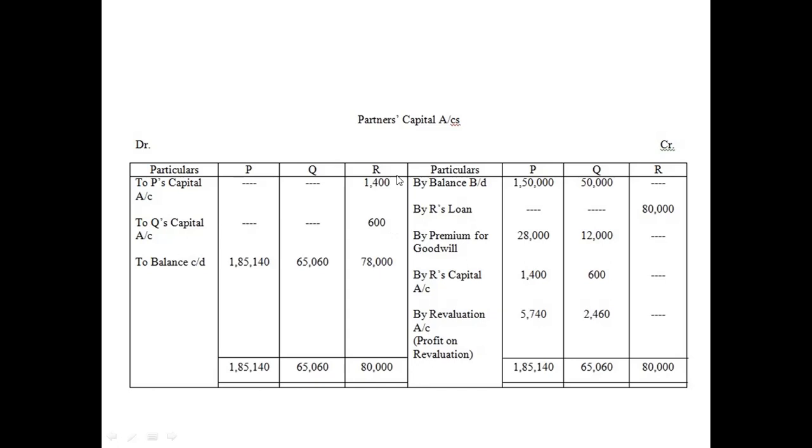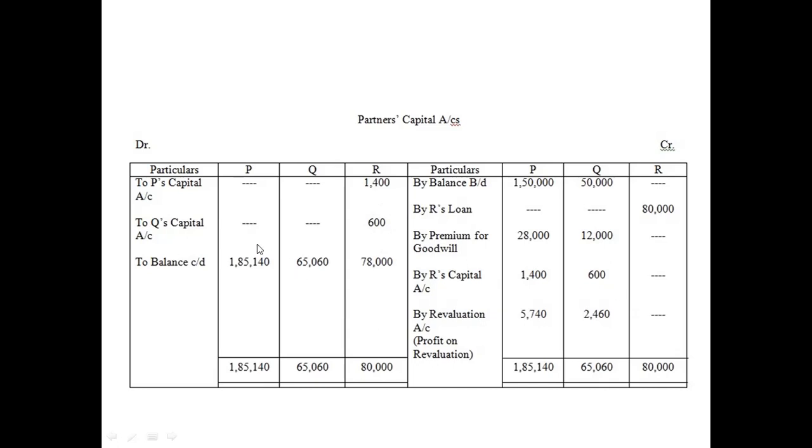We cannot write the amount directly as 2000 rupees because this 2000 is the total amount which has been distributed between P and Q as per their sacrificing ratio, which is 1400 and 600. So we have to show individually. Okay, R is giving 1400 to P. So whenever partner R gives his portion to P, his account will be debited by 1400. Similarly with Q, this adjustment will be passed on.